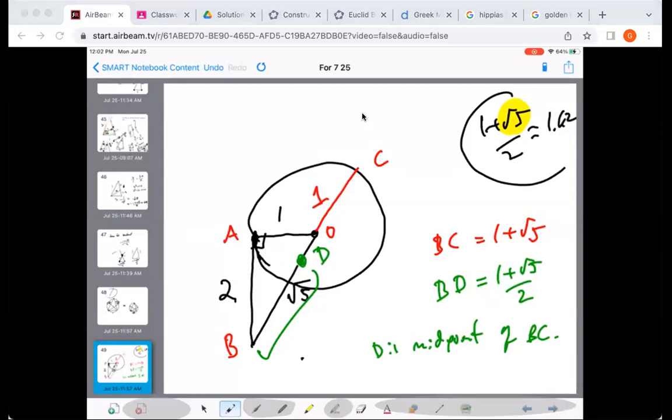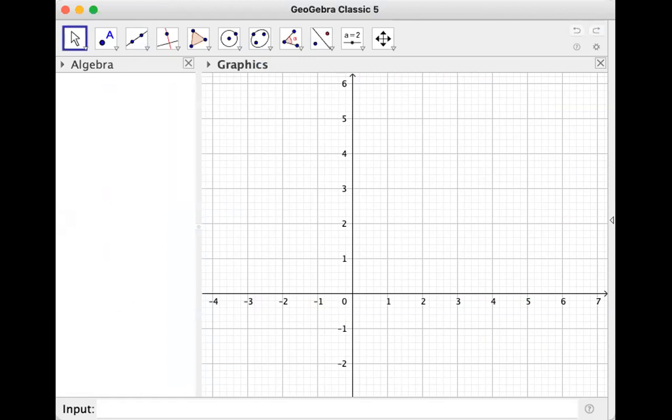Hold on. It's coming a little slowly. I love GeoGebra. Really an amazing program.